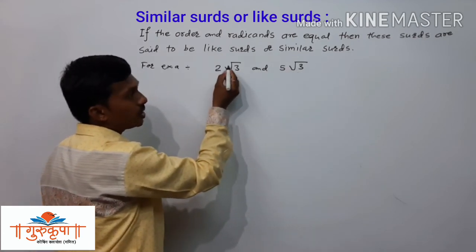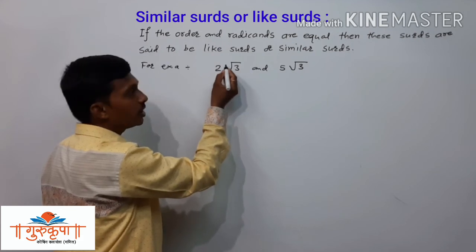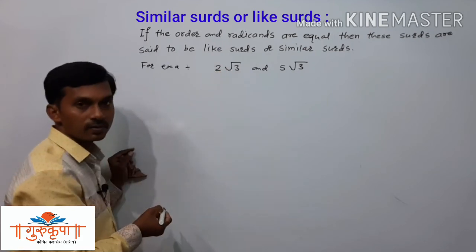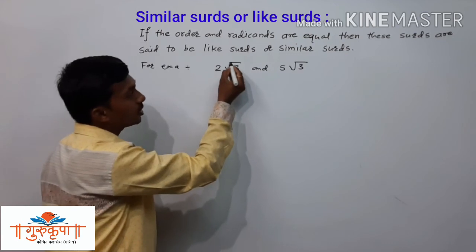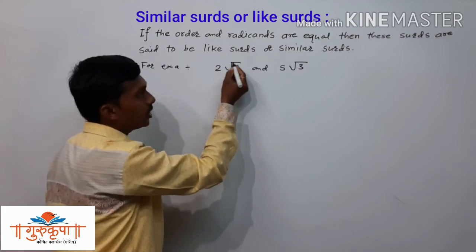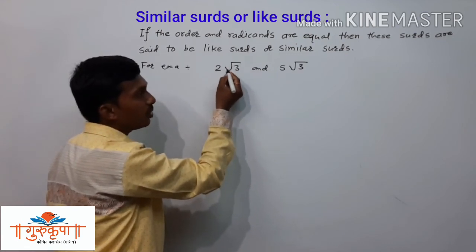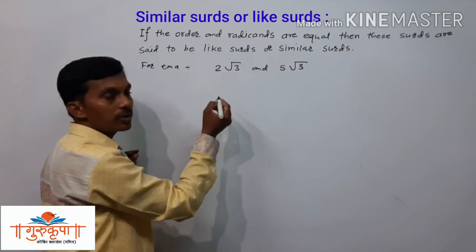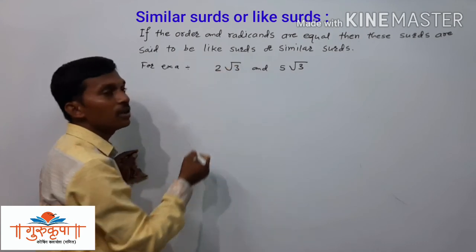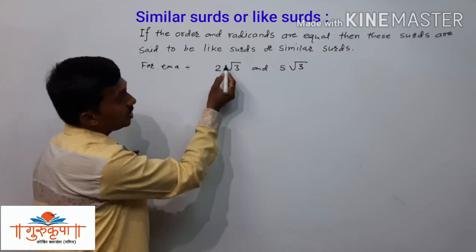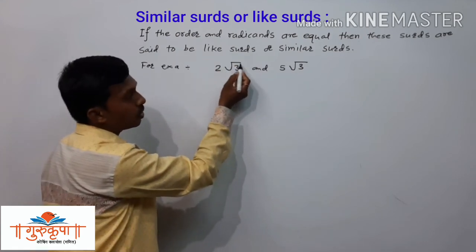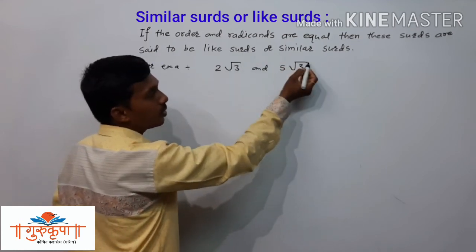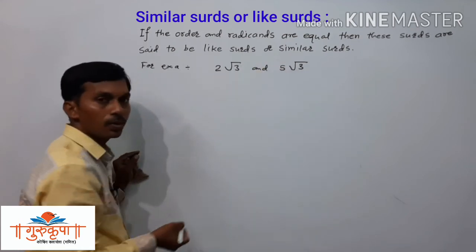Now, the order of this surd is 2. Nothing is written here, which means we have 2, and we call it the square root. If 3 is there, we call it the cube root. If 4 is there, the fourth root. If 5 is there, the fifth root. Since nothing is there, we have 2. So the order of this surd is 2 and the order of this surd is also 2.